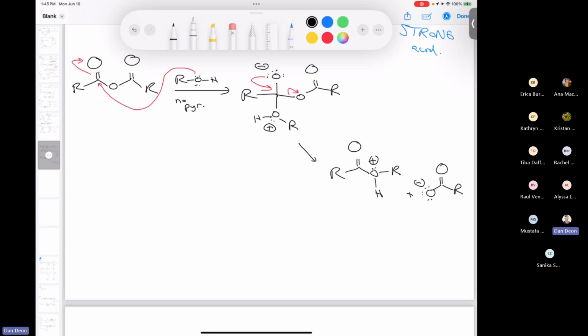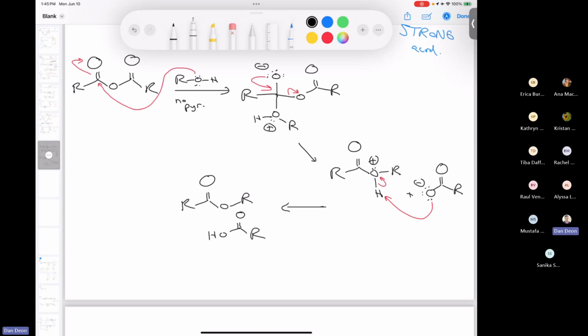So what's going to happen now is that the carboxylate is going to pick up this proton to neutralize. Okay, and then after that, oops, my arrow's going in the wrong direction. Okay, there we go. After that, we're going to end up with our ester, that plus a carboxylic acid.